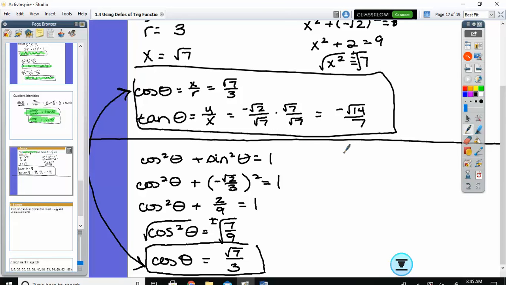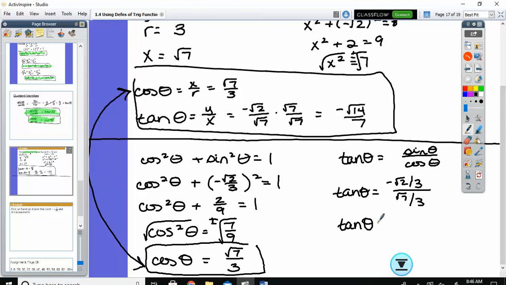I also asked for tangent. I know sine and cosine, so how can I get tangent? What about the quotient identities? We said sine and cosine. So, sine divided by cosine equals tangent. Sine was negative radical 2 over 3.